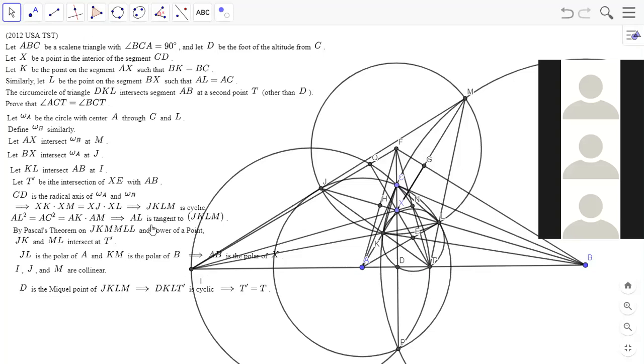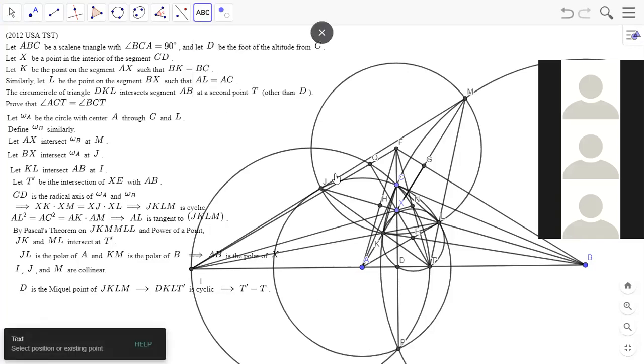Yeah, that is trivial because FJ and FL are tangent to the circle omega A, and FP is a line passing through F and meets the circle in C and P. So by the harmonic property, we have F, X, C, and P are harmonic. Are FJ and FL tangent to this circle? Yeah, because angle ALF is equal to 90 degrees. Ah, okay. So then it's trivial.